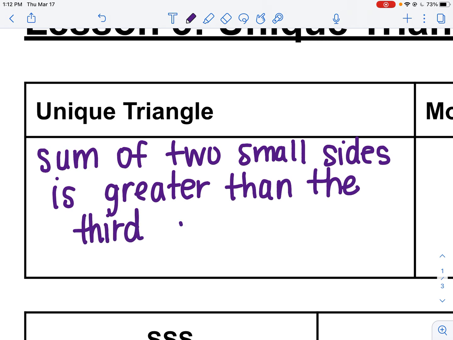So you're going to be given 3 measurements. You find the smaller 2 measurements and you put them together, and if they are greater than the other measurement left over, you have a unique triangle.